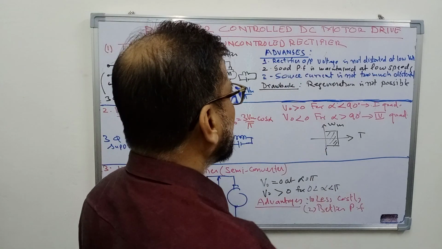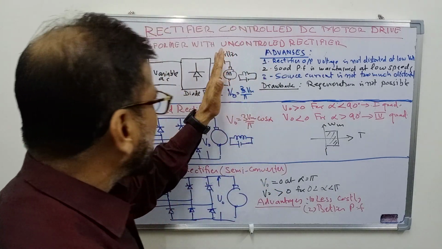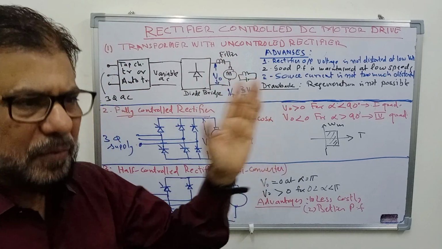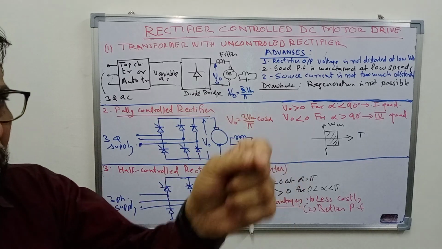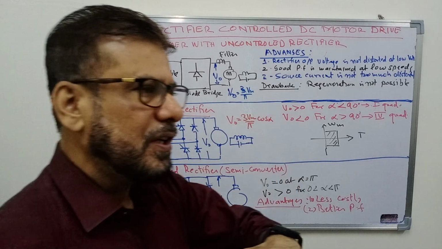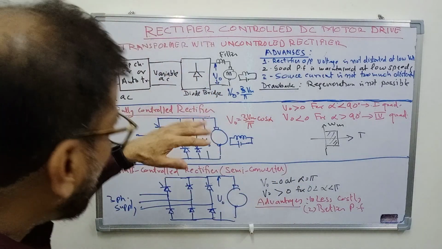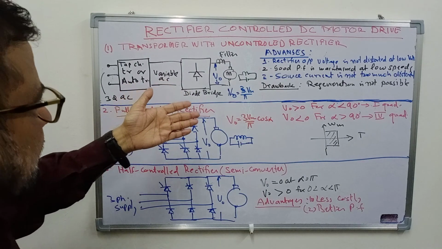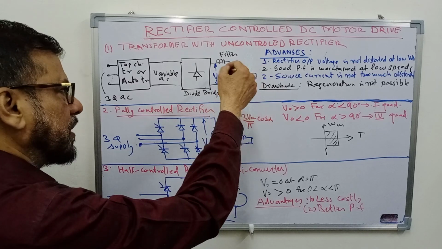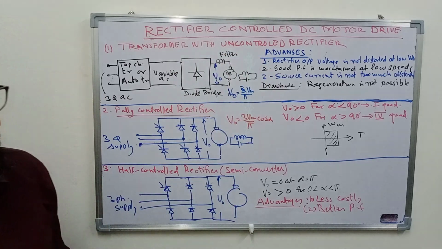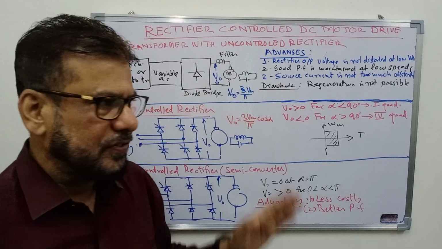The advantage here is that the rectifier output voltage will have a similar waveform at all voltages. The output voltage waveform is somewhat like this. It remains constant. Whatever the voltage value, the wave shape remains the same. So the DC motor gets an identical supply at all voltages.